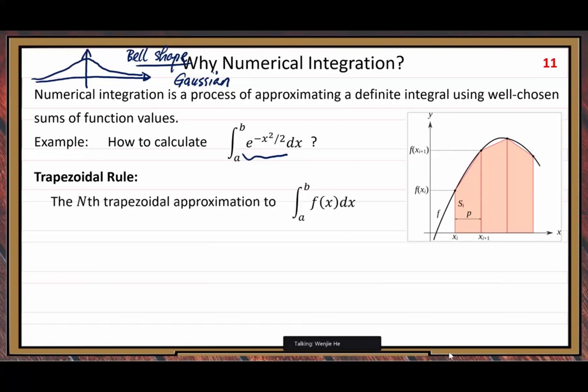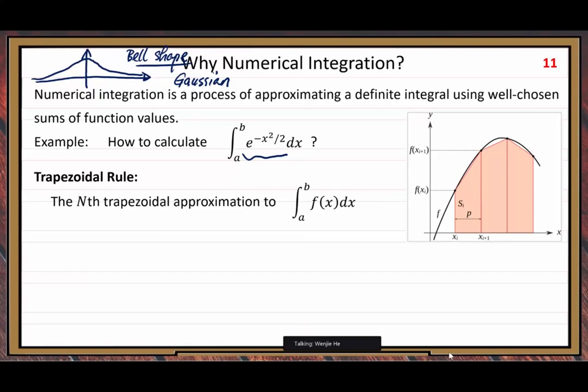For the nth trapezoidal approximation, with capital N, we divide the given interval from A to B into N equally spaced line segments.